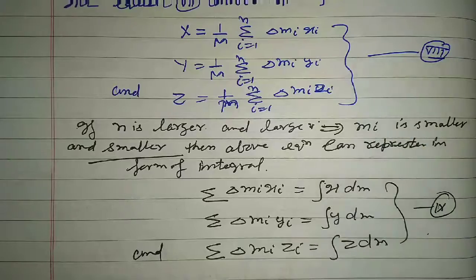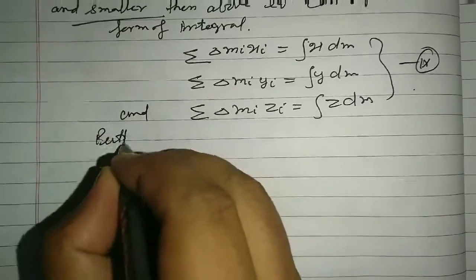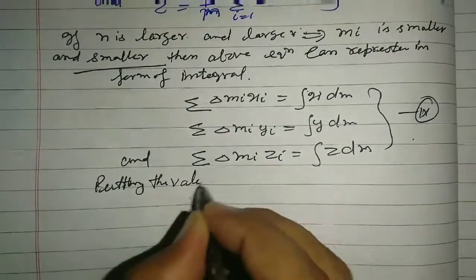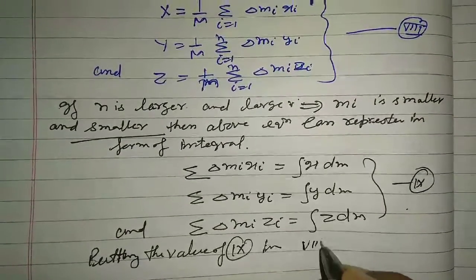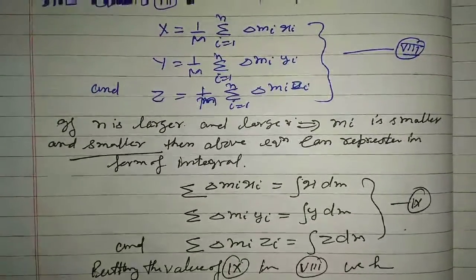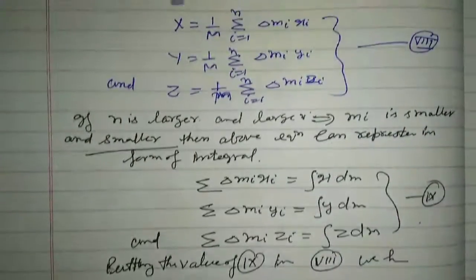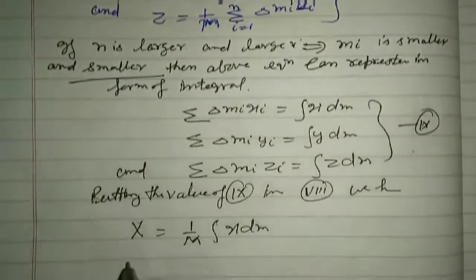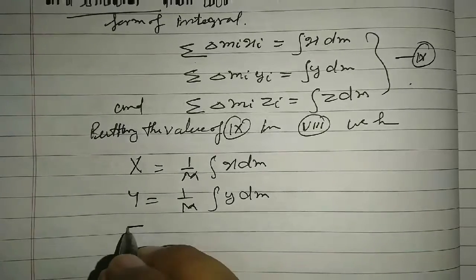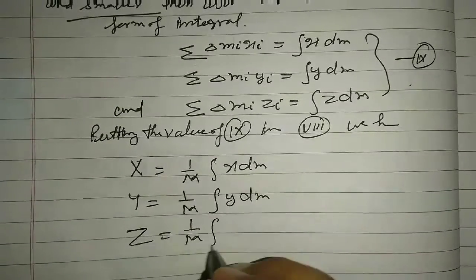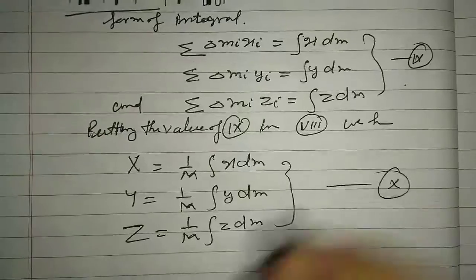Putting the value of equation 9 in equation 8, we have capital X is equal to 1 upon M integral x dm, Y is equal to 1 upon M integral y dm, Z is equal to 1 by M integral z dm. This set is equation number 10.